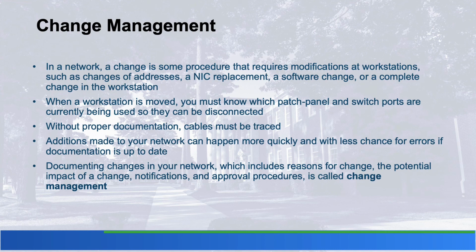One important component of maintaining your network and troubleshooting is change management. In a network, a change is some procedure that requires modifications to the equipment on the network. When you move a workstation, you need to know which port or patch panel and switch ports are currently being used so they can be disconnected.